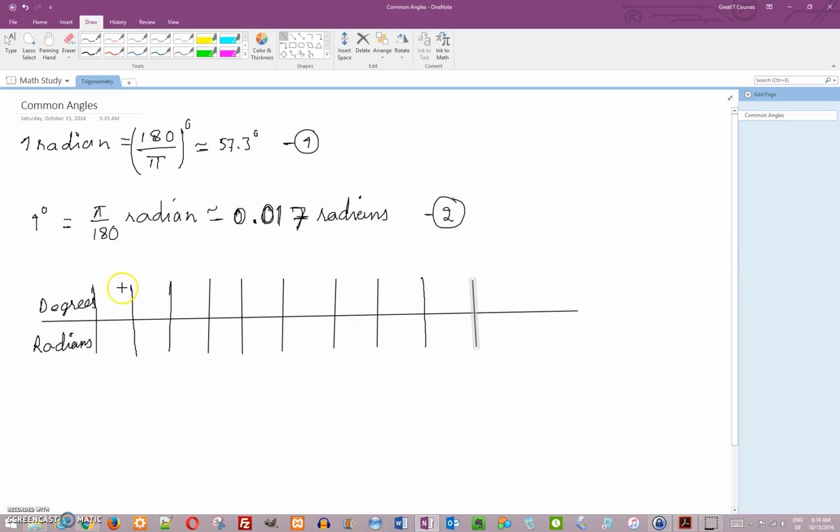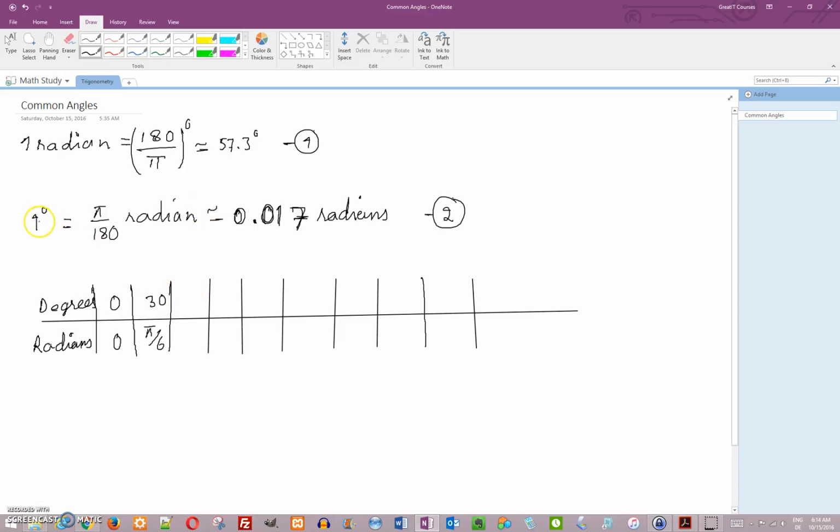So you have 0 degrees, which is basically 0 radians. And you have 30 degrees, which is pi by 6 radians. And this is basically, I have multiplied 30 into pi by 180, since you know that 1 degree is equal to pi by 180 radians.